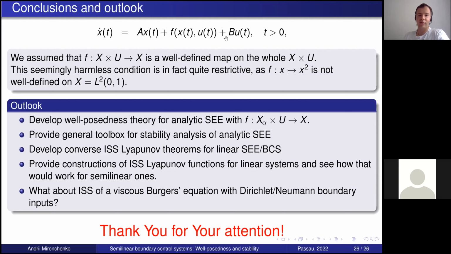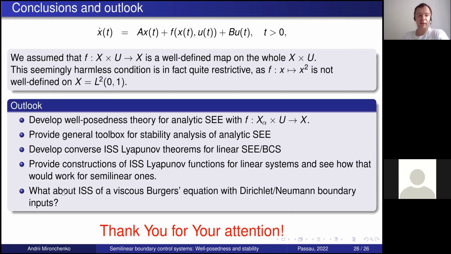And it's quite disturbing, because we don't know how to apply Lyapunov methods for analysis of boundary control systems in a systematic manner. For some systems it is okay, but for some systems it just doesn't work, and we would like to know why. This is one of the research directions.